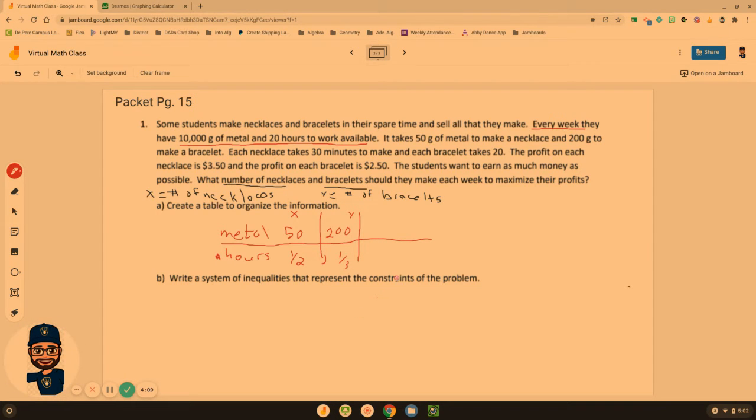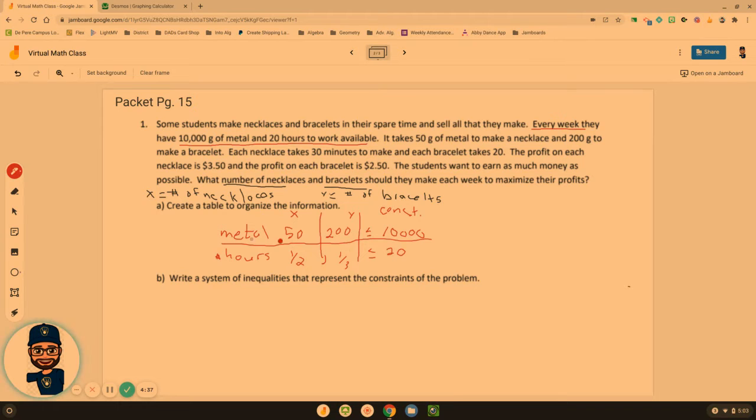Now over here is where I'm going to list what I call the constraints. How much metal? Well, we know that we only have a maximum of 10,000 grams of metal. So it can equal, or it has to be less than that. I can't go over the 10,000 grams of metal, just like I can't go over 20 hours of work.